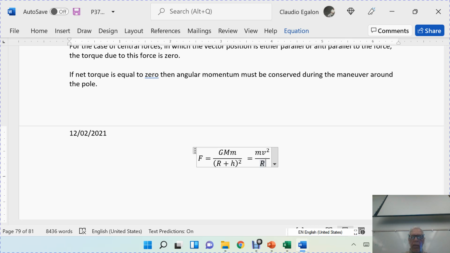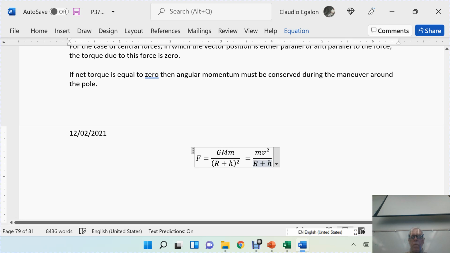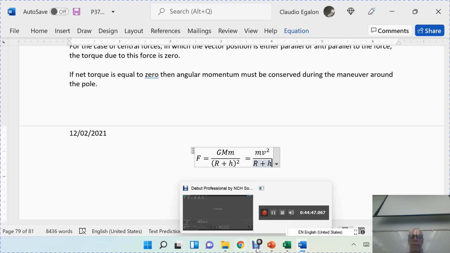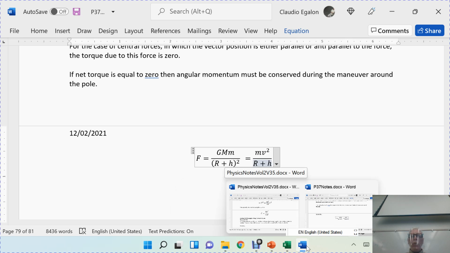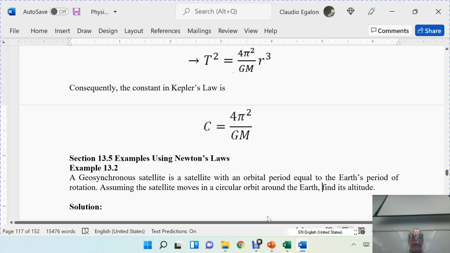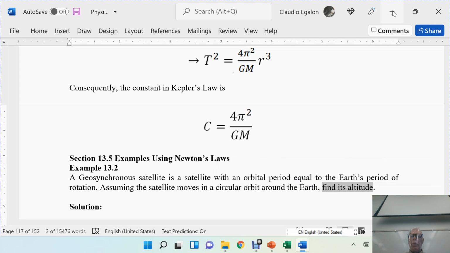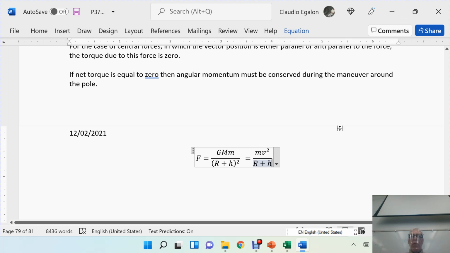Can you picture that? Big R is the radius of the Earth. I'm asking for the altitude of the satellite, that's why I'm putting h there. So this equation is equal to this one.